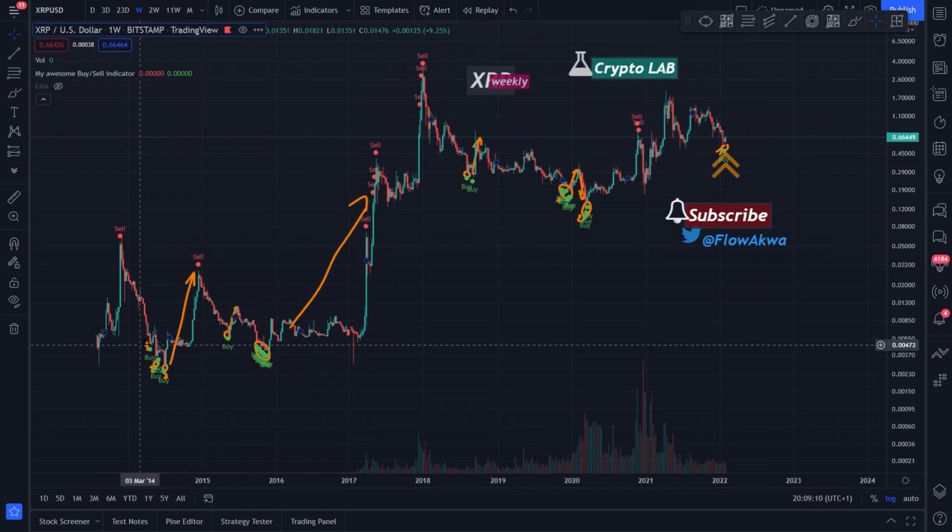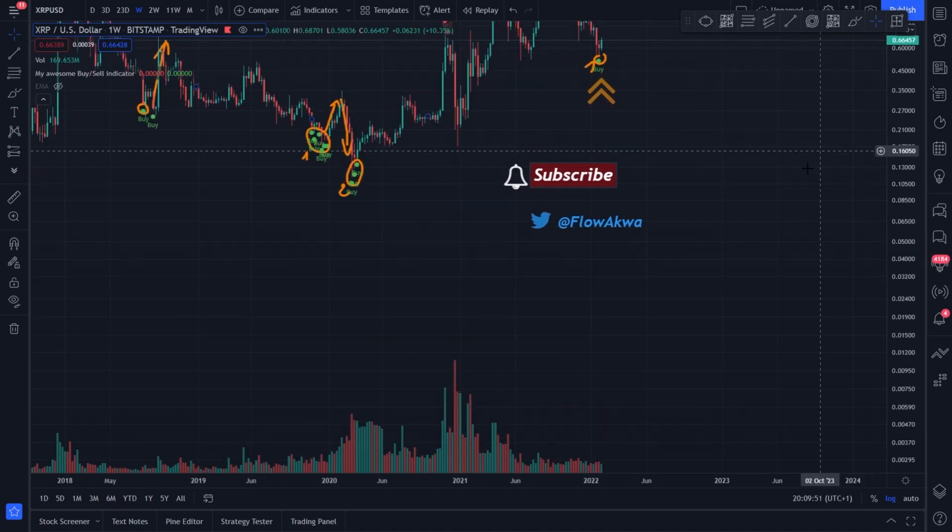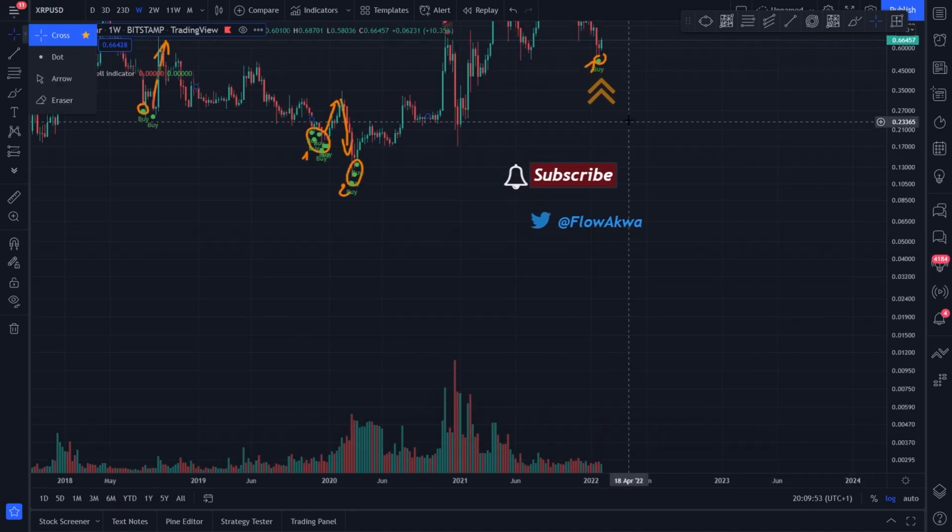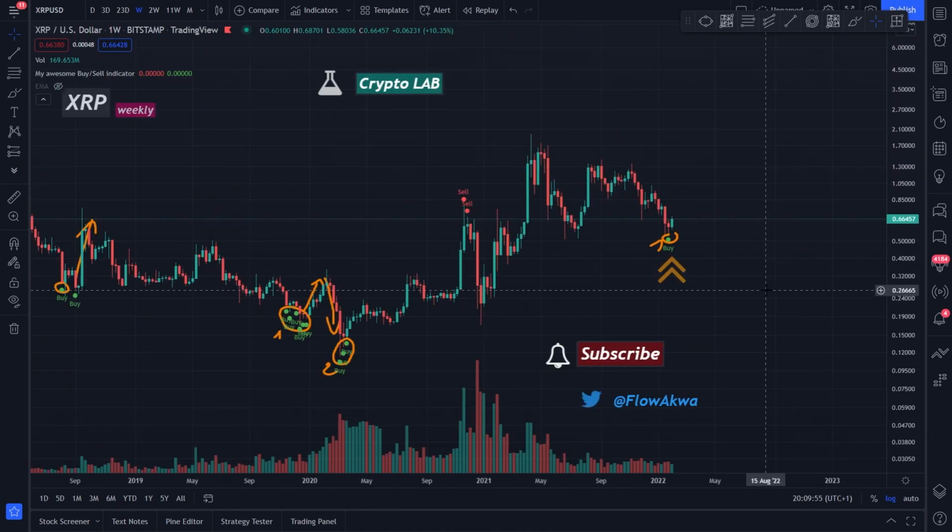You see that every time we have the first buy signal here, here, here, here, XRP is pretty close to making a big move.